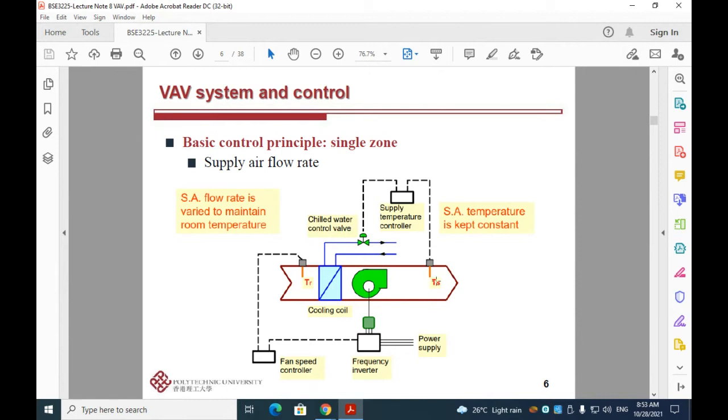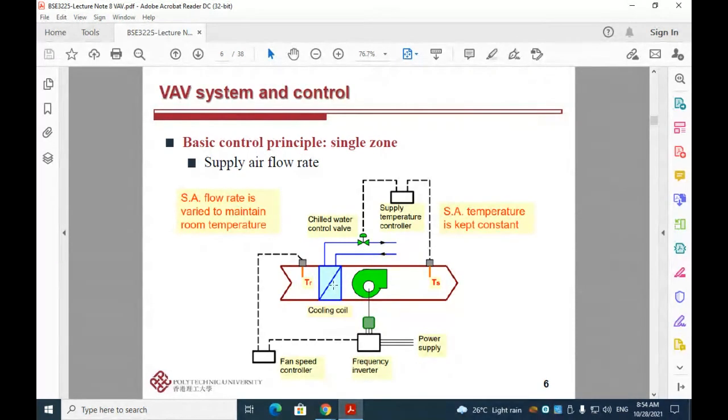And then when you supply that temperature to the air, your conditioned room cannot be maintained at your design temperature. So in order to avoid this situation, what we do is we will install a sensor here also at the supply air, and then the sensor will be connected to a temperature controller, and this temperature controller will further control the flow rate of the chilled water.